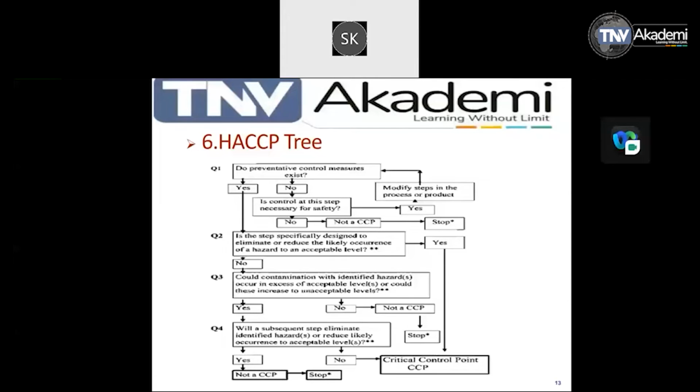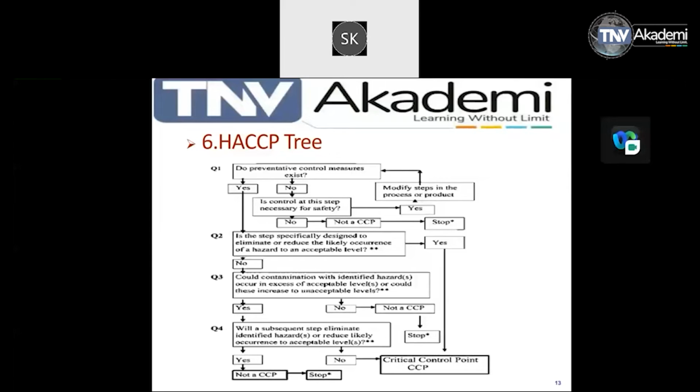For example, you're doing initial heating at 90 degrees, then heating at 70 degrees, but your acceptable limit for most organisms is at 90 degrees. Then the last step of 90 degrees should be declared a CCP, because at that step all of the microorganisms can be killed. The second example is in the case of a physical hazard.